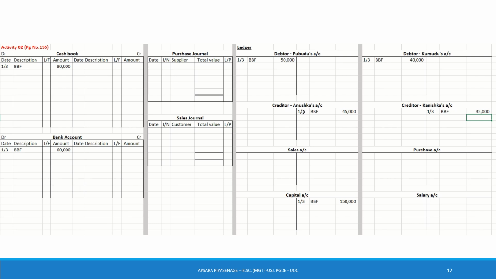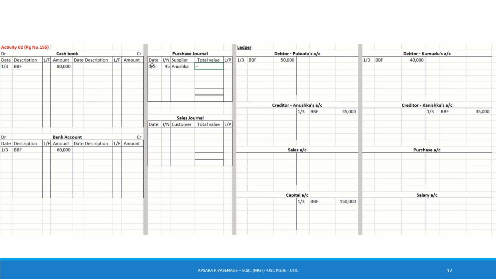So we have to record these credit purchases in the purchase journal. 5th of March, invoice number 45. The supplier is Anushka. The amount is 38,000, the listed value.